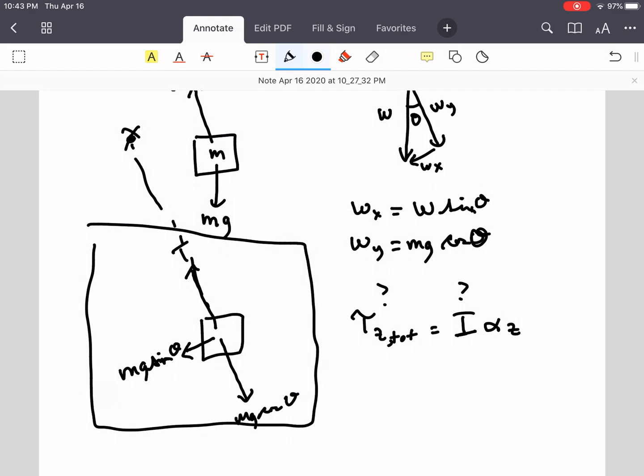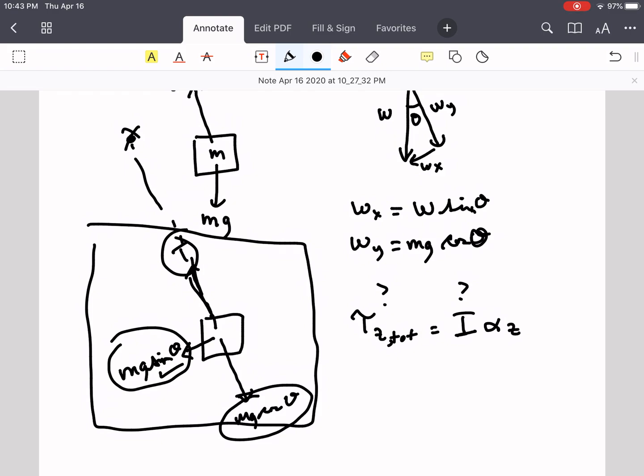So the question for you is, which of these three components of the forces causes torque? The answer is mg sine theta. You'll notice that tension is pointing straight towards the axis of rotation. There's no torque. Mg cosine theta is pointing straight away from the axis of rotation. No torque. The only one that causes torque is mg sine theta.